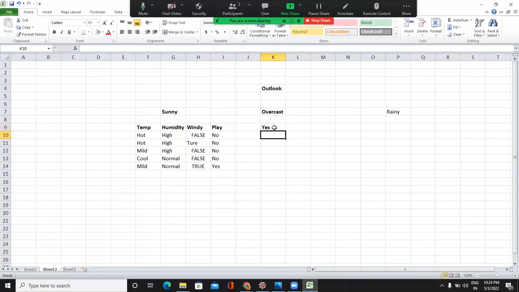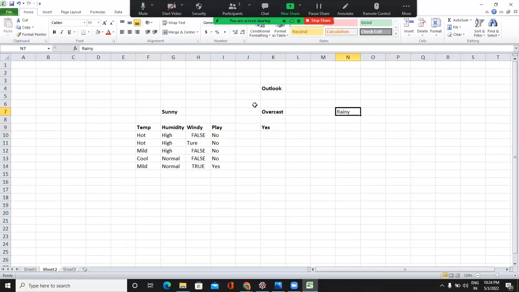We do not have to do anything else here. There is nothing to see about temperature, humidity, or windy. The person will play. So that becomes a very short branch.